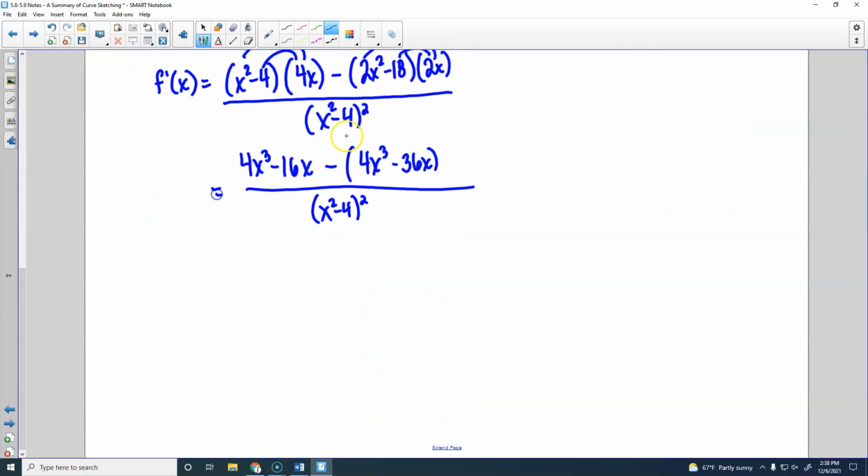Okay, distribute that negative, and the 4x to the third and the negative 4x to the third will cancel. We've got negative 16x and positive 36x, so we'll get just 20x.